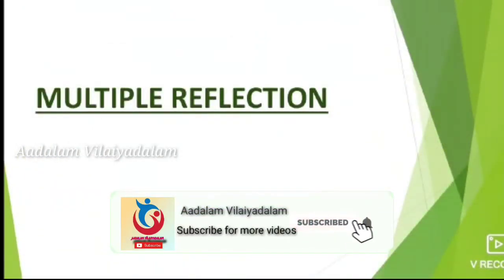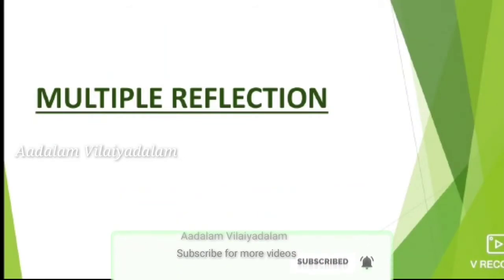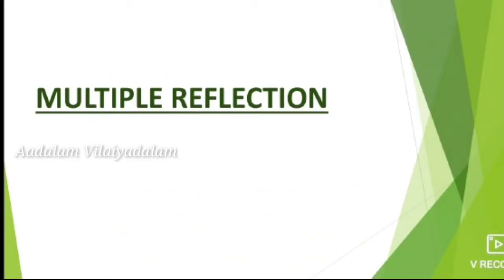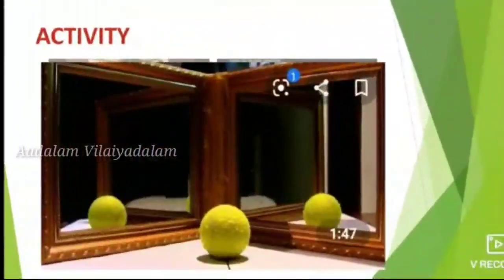Next I will explain about multiple reflection. There is an activity which is used to explain multiple reflection elaborately. Take two plane mirrors and keep them perpendicular to each other, that is, at a 90-degree angle, like in this picture.